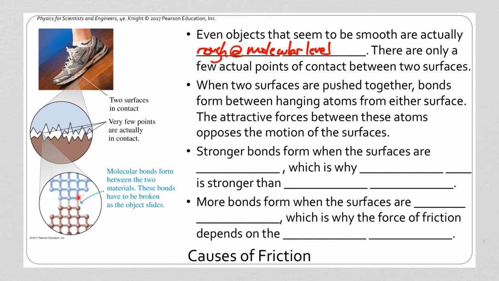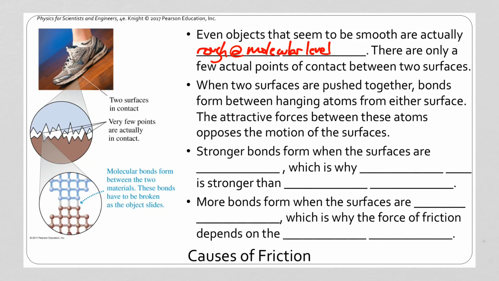And so these at the edge will tend to bond to whoever's available. So if you have two surfaces that are in contact with each other, those surfaces will tend to make these extra bonds from these sort of floating molecules at the interface. And so it depends on what the materials are to say how well they bond together. So that is a measure of the coefficient of friction for a given pair of materials.